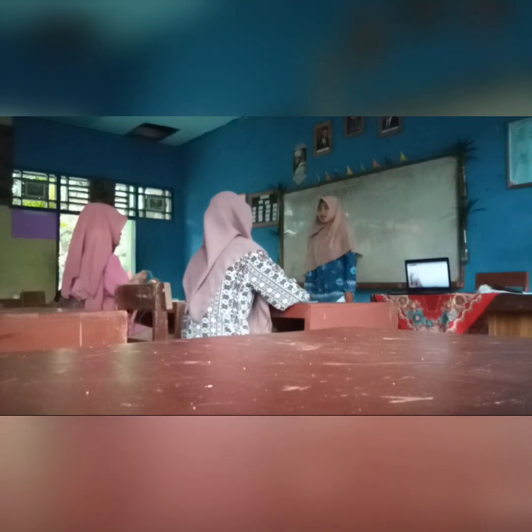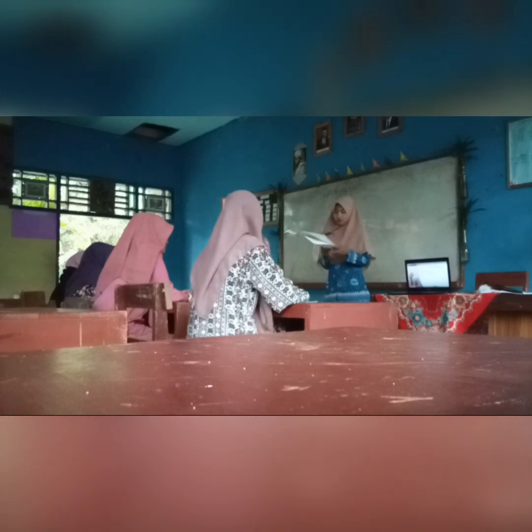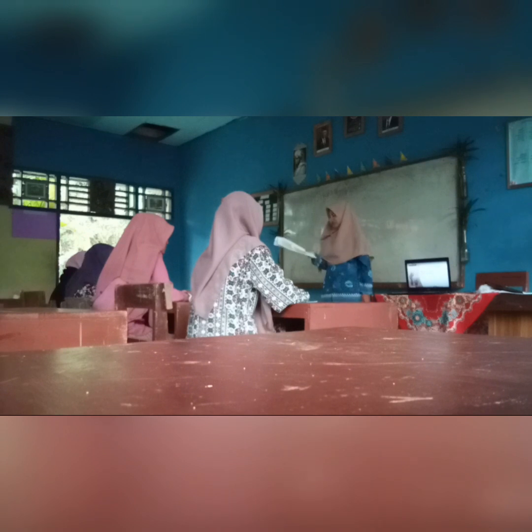To describe a thing, we can use some characteristics. For the first one, what is it made of? For example, it is made of wood or made of leather. For the second characteristic, colors. What color is it? You can answer, is it red or blue?